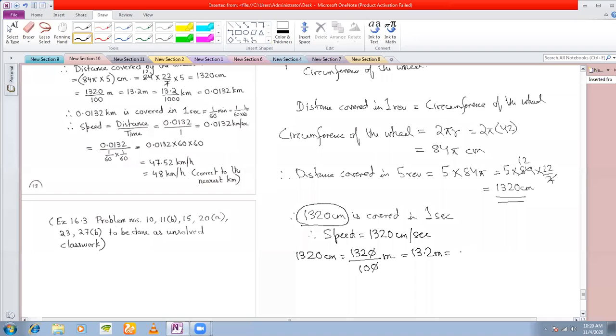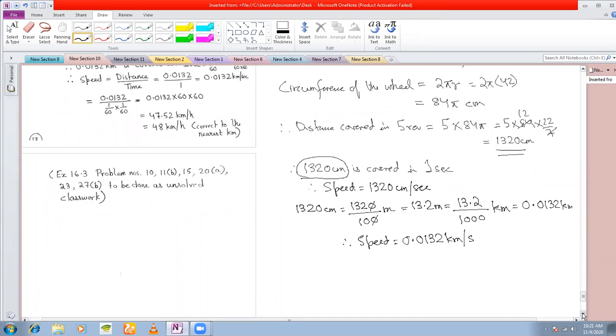And when meter is converted to kilometer, it is 13.2 divided by 1000 kilometer, which is 0.0132 kilometer. So the speed is 0.0132 kilometer per second.